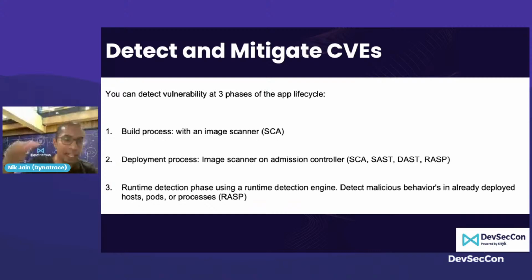And don't worry if you don't understand all these technicalities. It will all come to light when I demonstrate how this works in action. And then lastly, in the runtime phase, you use a runtime detection engine that detects any malicious behavior or the existence of a vulnerability in an already deployed host, pod, or process, not at the OS layer, but at the application layer.